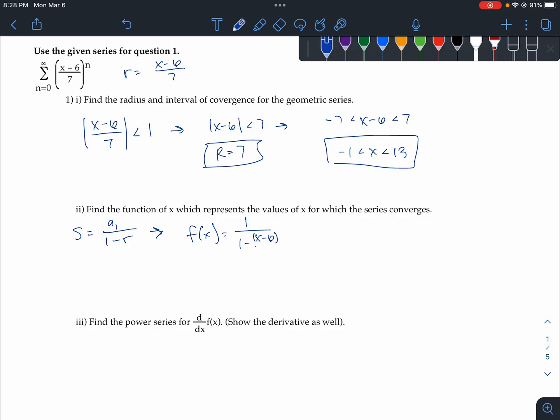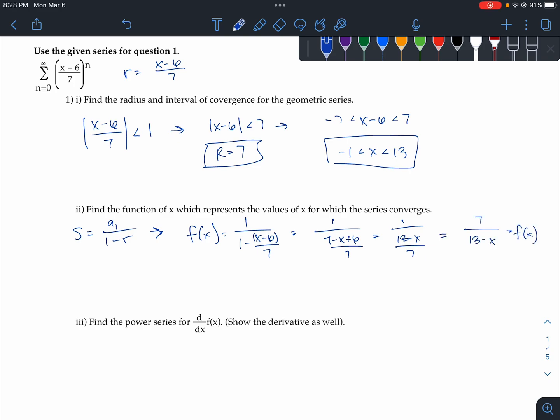And I'm just going to tidy things up here, get a common denominator, so this would be 7 over 7, so 7 minus x plus 6, so this will be equal to 1 over (7 minus x plus 6) divided by 7, which is equal to 1 over (13 minus x) over 7, which is equal to 7 over 13 minus x.